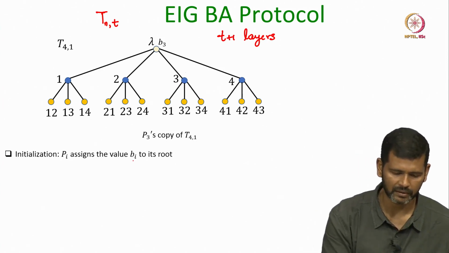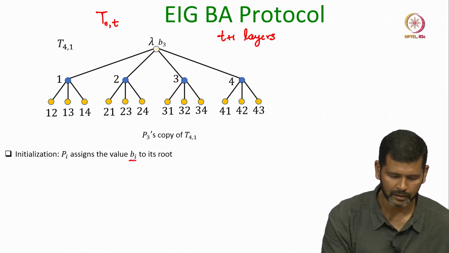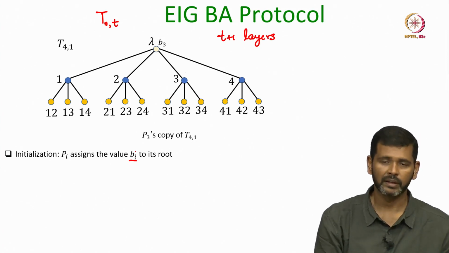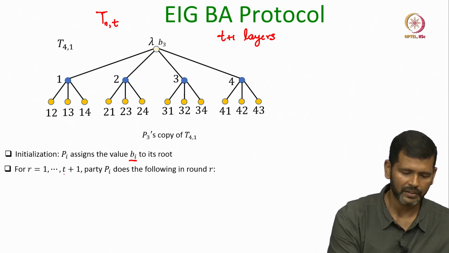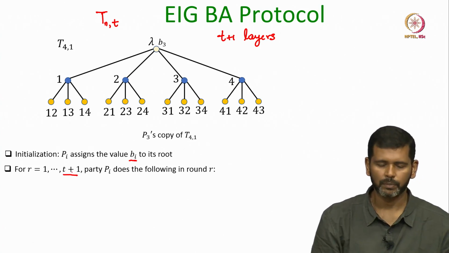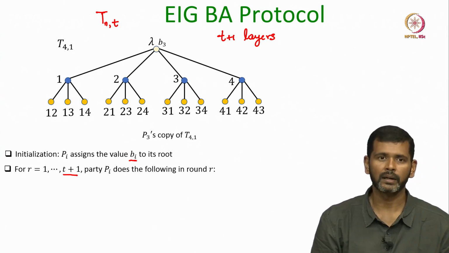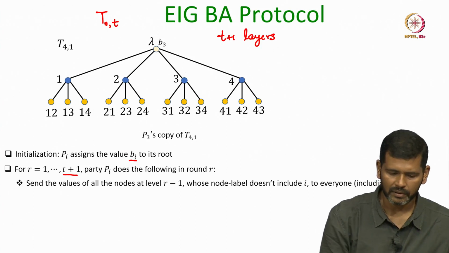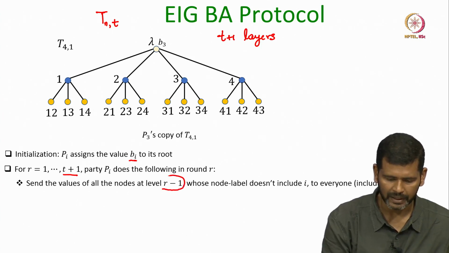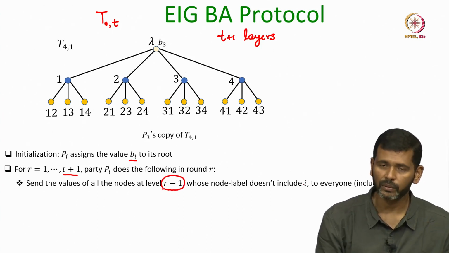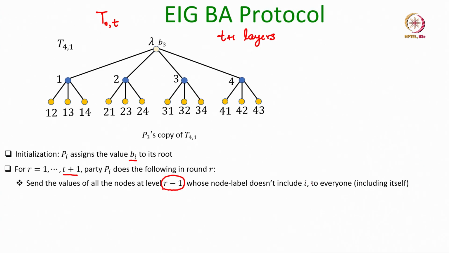Each party assigns the bit b_i, its input for the Byzantine agreement protocol, to the root, and then for the next T plus 1 rounds, each party P_i does the following in round number r. It sends the values of all the nodes in its local copy of the EIG tree at level r minus 1, except for those nodes whose label has the index i somewhere.